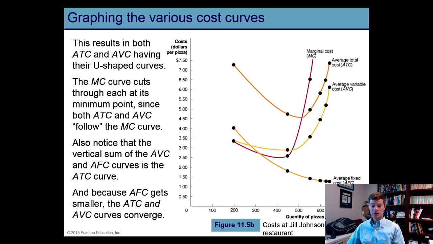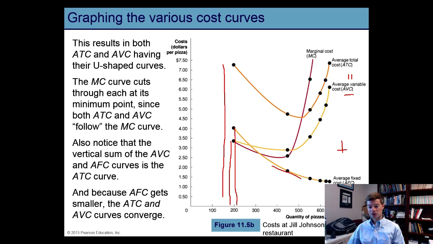Let me point out one other thing. Average fixed cost plus average variable cost equals average total cost. So if you add average fixed cost to average variable cost, you should get average total cost.